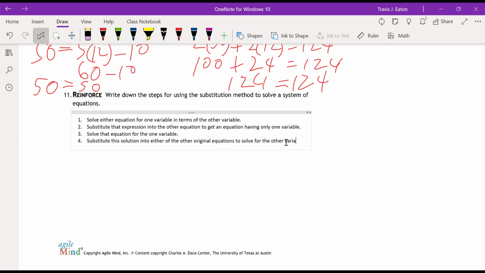Okay. And then, of course, you always want to make sure to do this, because not everybody does, but everybody should. You want to check the solution for both variables in both equations.